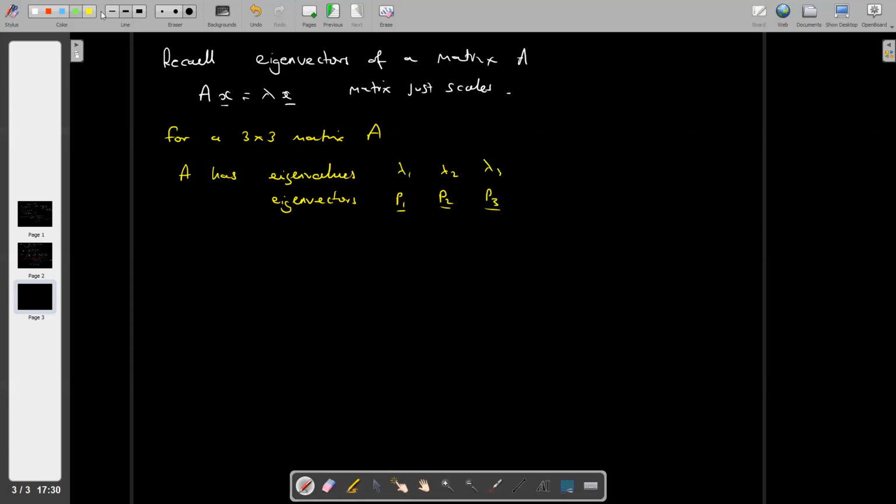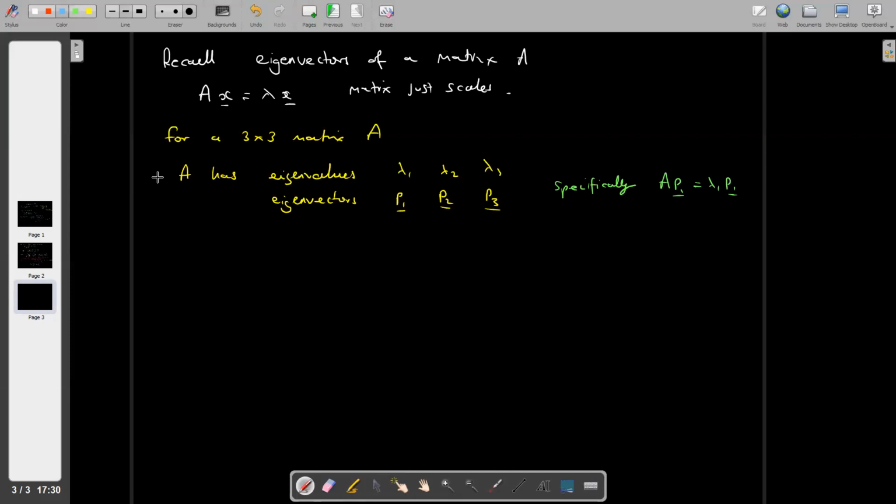So specifically what I'm saying here is that A applied to the vector P1 will give me λ1 times the vector P1. And that would be true for each of the i's.